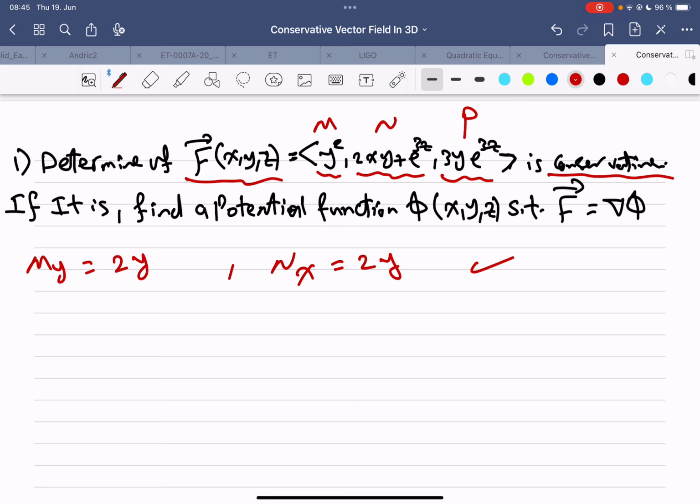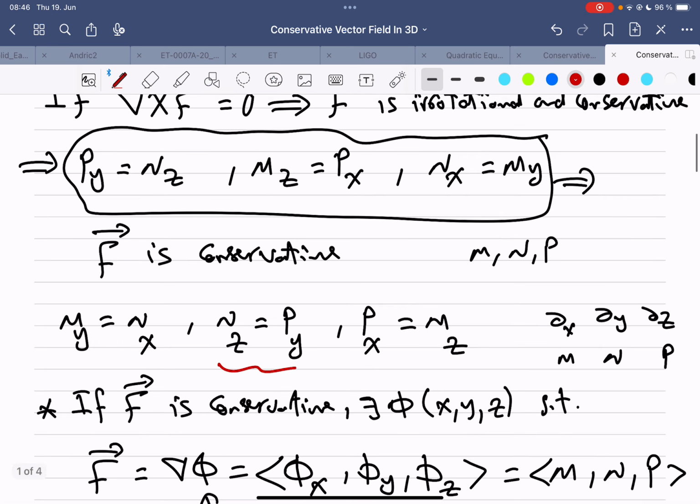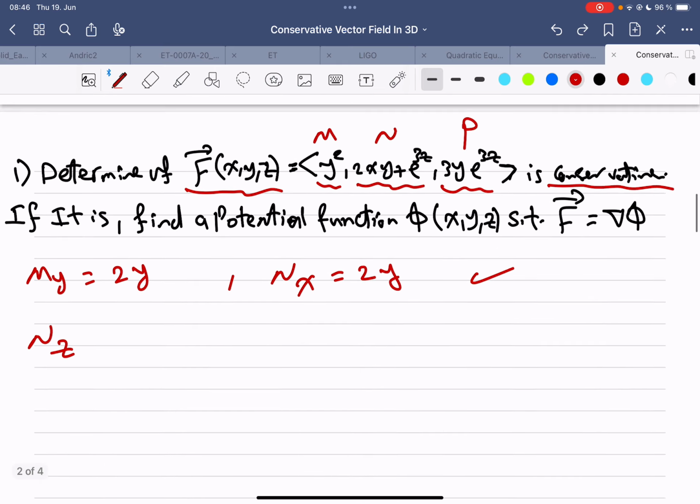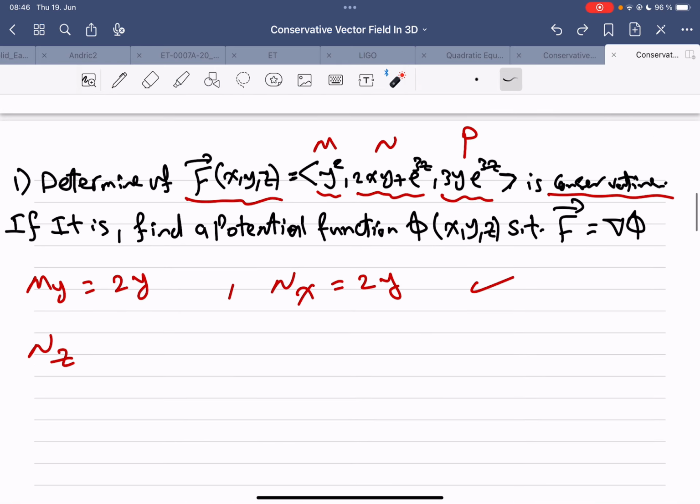Second part, we need to check if Nz equal Py. To evaluate Nz, here we will differentiate this with respect to z. This will be 0 and e to the power 3z will be 3e to the power 3z.